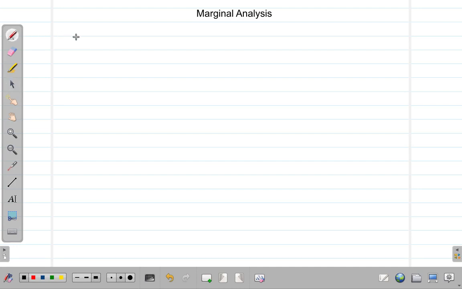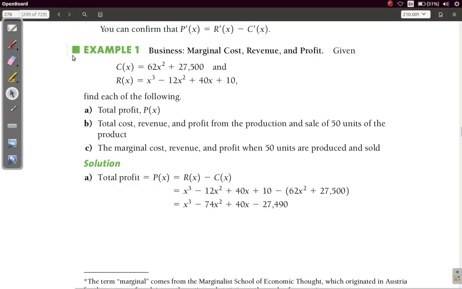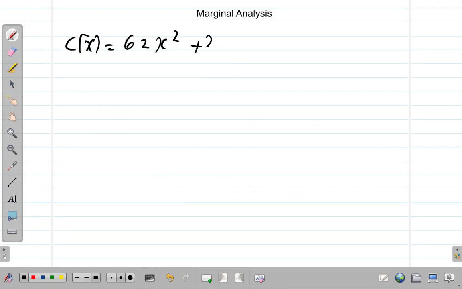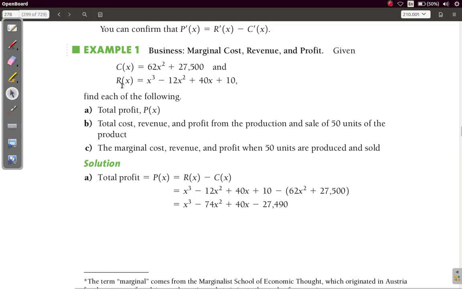So let's write it down here. C(x) is 62x squared plus 27,500. And the revenue function, R for revenue, C for cost, R for revenue.